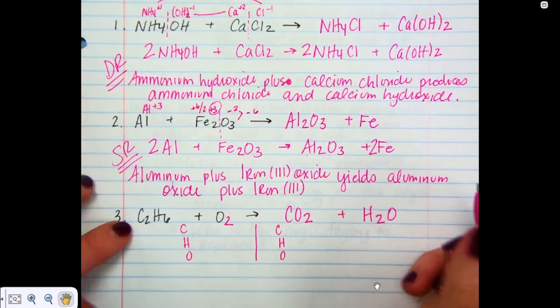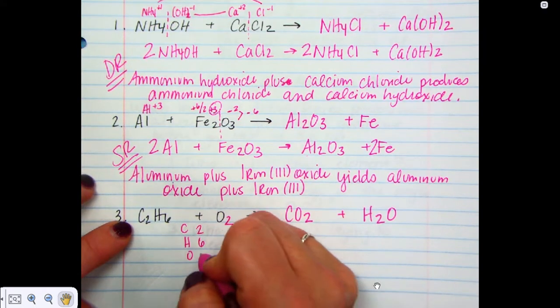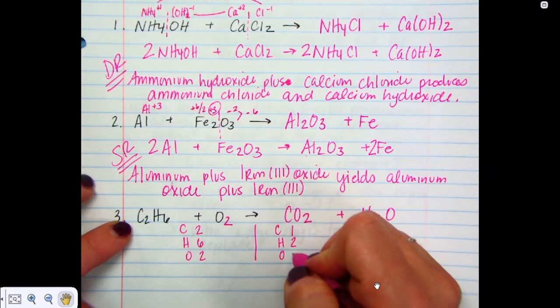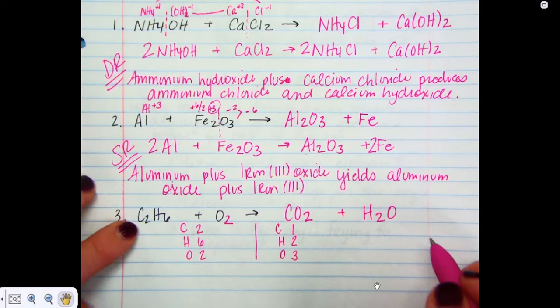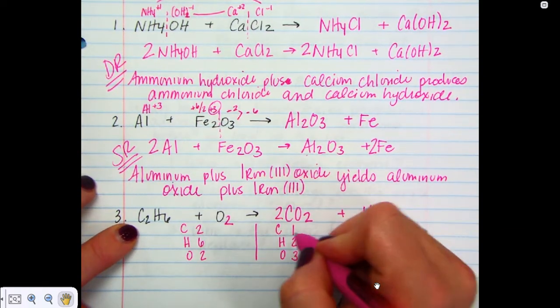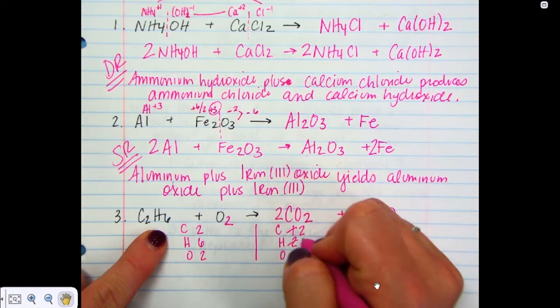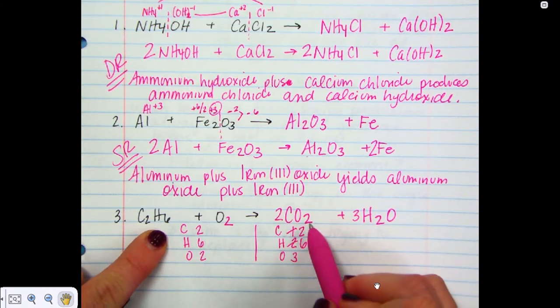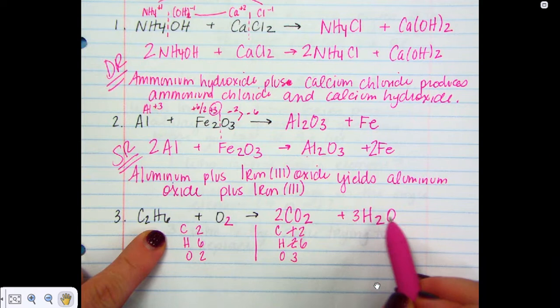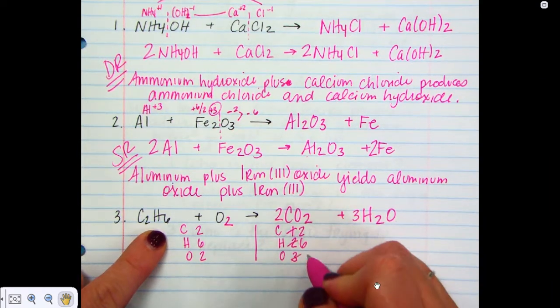All right, so inventory. 2, 6, 2, always 1, 2, 3. 2 carbons, 2 in front of the carbon dioxide, 6 hydrogens, 3 in front of the water, that's going to make 6. 2 times 2 is 4, plus 3 is 7.